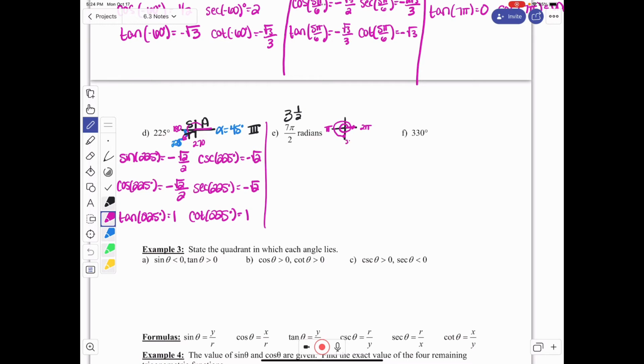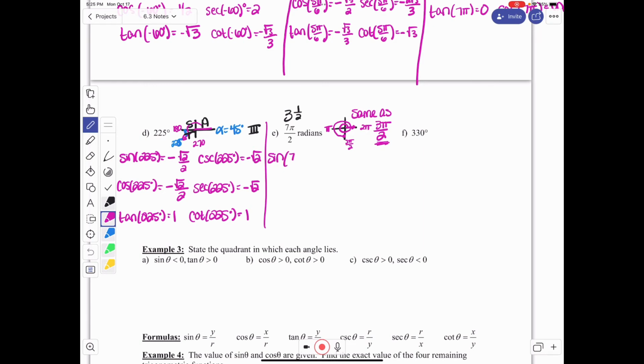Okay, so this is like 3 pi over 2. That's like 1.5. Our half is always on an axis. So this one is the same as 3 pi over 2. When it lands on the axis, we don't have to worry about the positives or negatives. You just look at it and take it as it is.